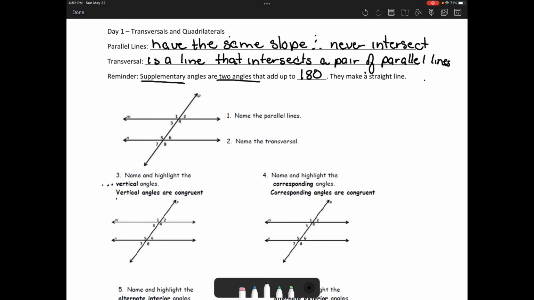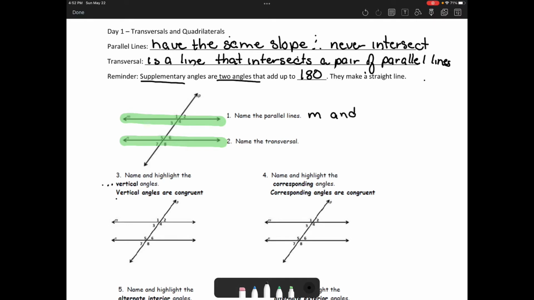So in this diagram, they're asking you to name the parallel lines. Which two lines will never intersect? Well, we can see line M and line N will never intersect. So we say M and, for some reason I cannot make an and sign on this device.